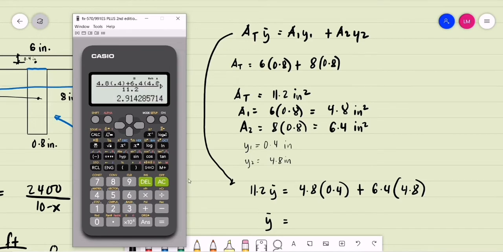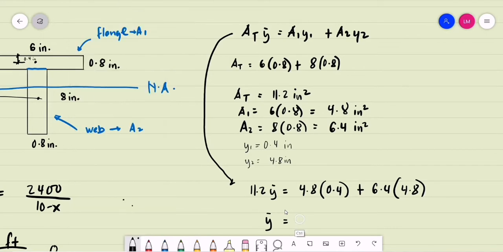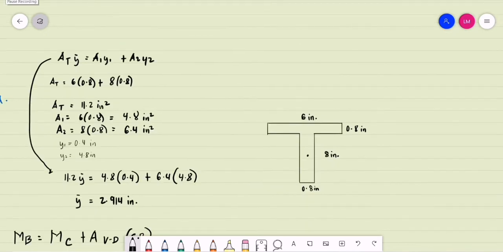We have that distance as 2.91, so we may use 2.914 inches. So the distance of the neutral axis from the top of the beam is 2.914 inches.